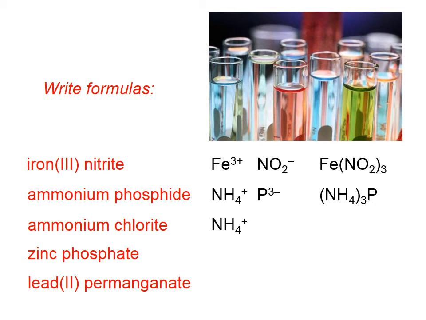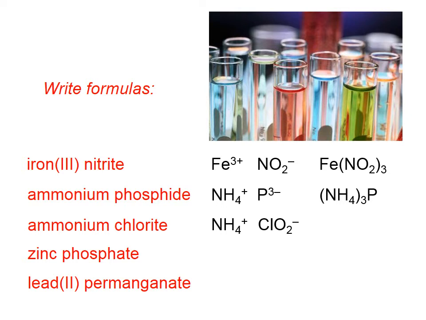Now chlorite, let's see. That's related to the chlorate ion, which we've memorized. Chlorate is ClO3 minus. So chlorite is ClO2 minus. Notice that when we go from -ate to -ite or hypo-ite or per-ate by changing the number of oxygens, what we don't change is the charge.